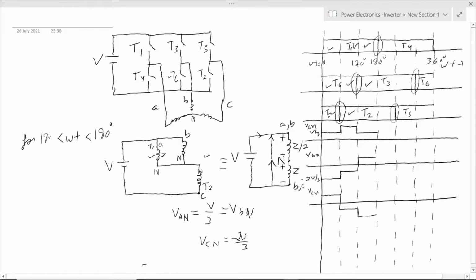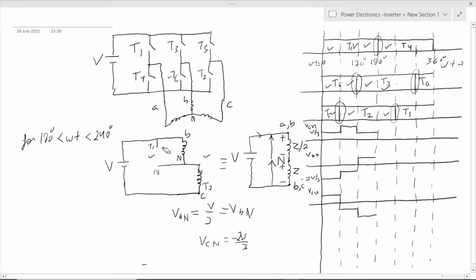So 180 degree to 240 degree. Now from 180 to 240, T4 is on. Now see, T4 is on, T3 is on, and T2 is on. Okay, so if T4 is on, then the A phase will be connected from neutral to negative point.